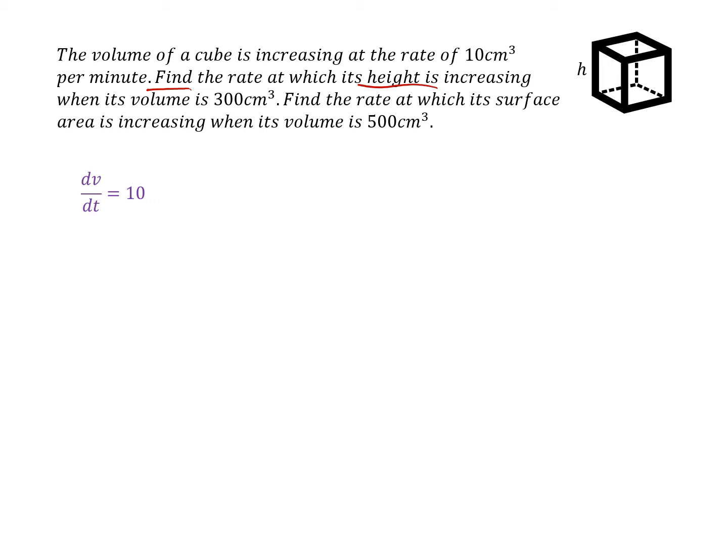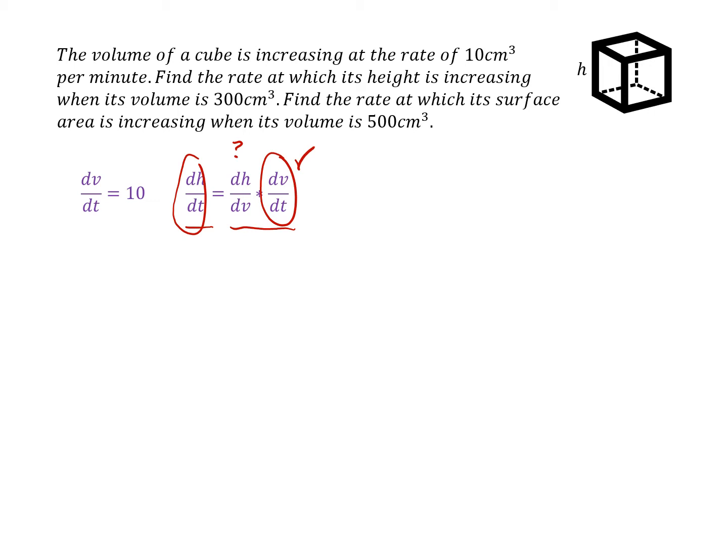So that's dh/dt. Now dh/dt, using an adaptation of the chain rule, could be expressed as dh/dV times dV/dt. So this is what we're trying to find, dh/dt. That's what we've got. So this is what we've got to find, dh/dV.